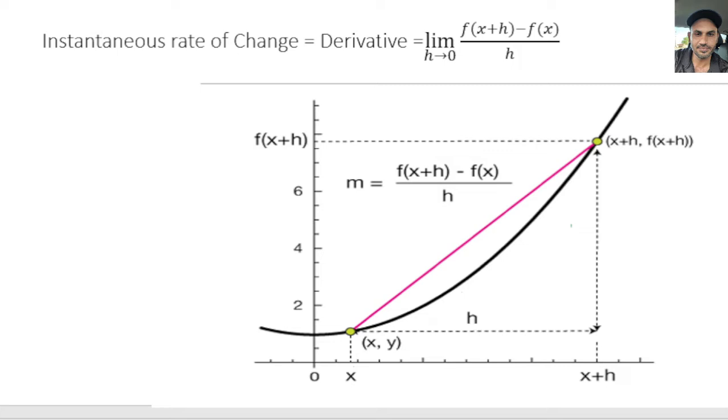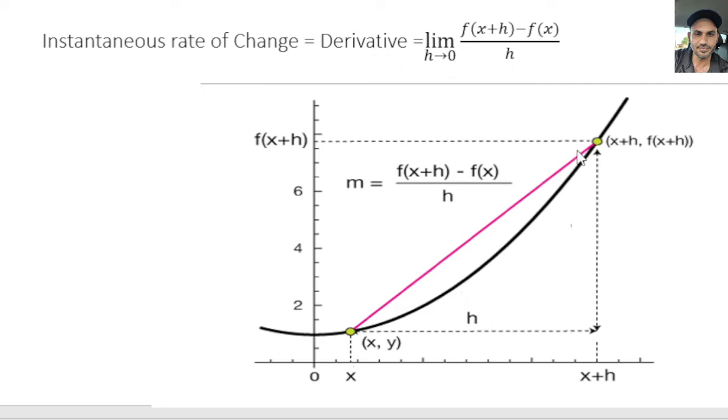First of all, let's look at this expression: the limit as h goes to 0 of f of x plus h minus f of x, divided by h. The limit of this ratio as h approaches 0 is going to be the derivative, or the instantaneous rate of change.